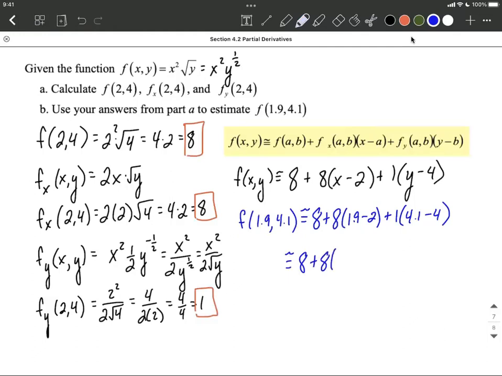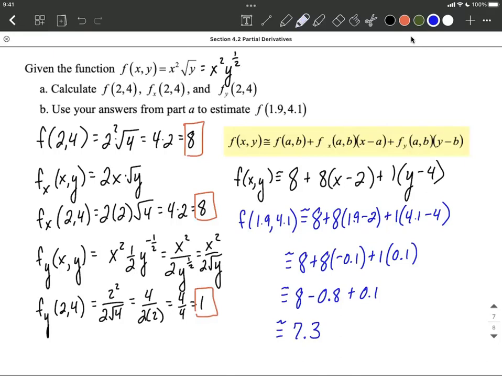Inside the parentheses, 1.9 minus 2 makes negative 1/10, negative 0.1, plus 1 times 4.1 minus 4 is positive 1/10. So that'll be 8 minus 8/10 plus 1/10. As we combine all of this together, pretty sure we get 7.3 as our final estimation.